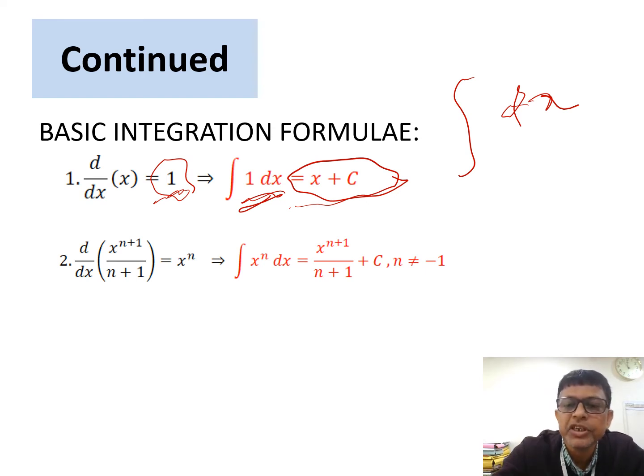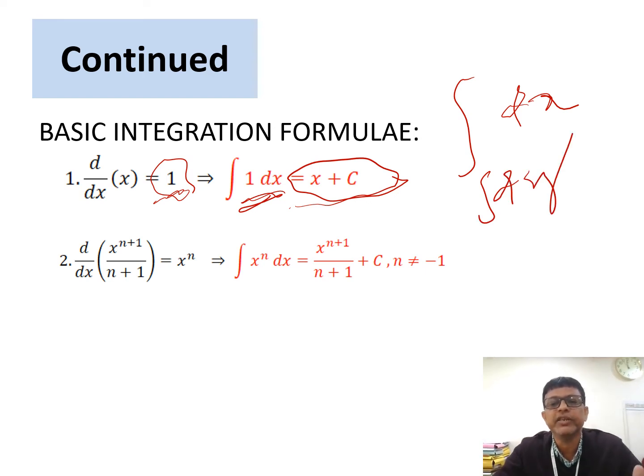If you take the integration of dy, then it is y plus c. If you take dz integration, z plus c. If you take d theta integration, then it is theta plus c. This dx, as I have already told, represents the integration with respect to the variable x. Now we will go to the second formula.